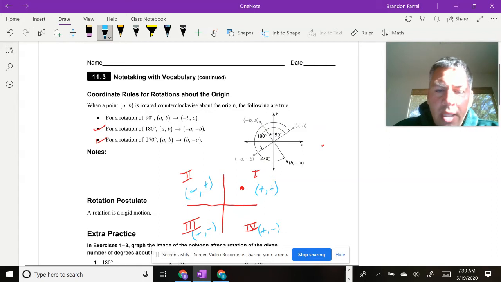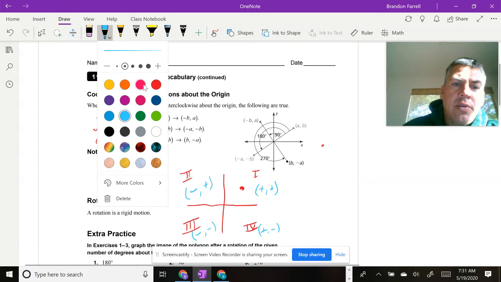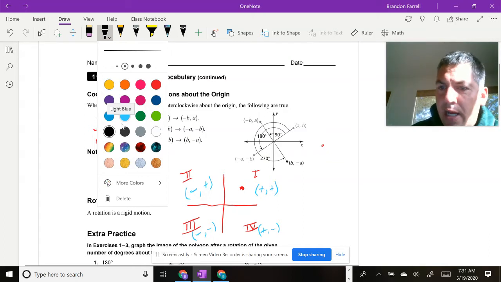So as you look at the rotation of the points, every time you go 90 degrees, you flip the x and y. That might be a point of interest to some of you to jot down as a note. So we're going to write that over here on the side.